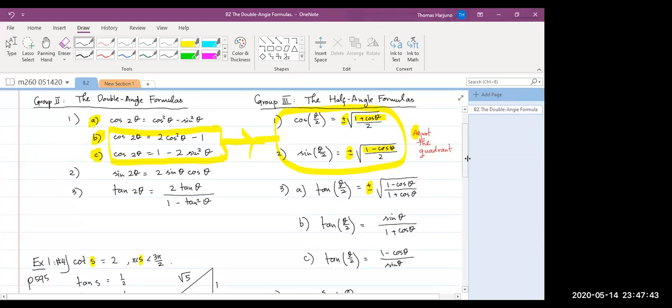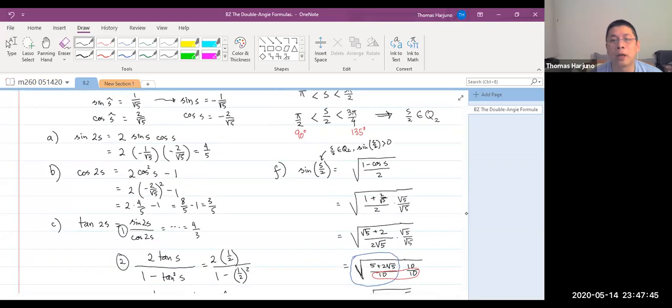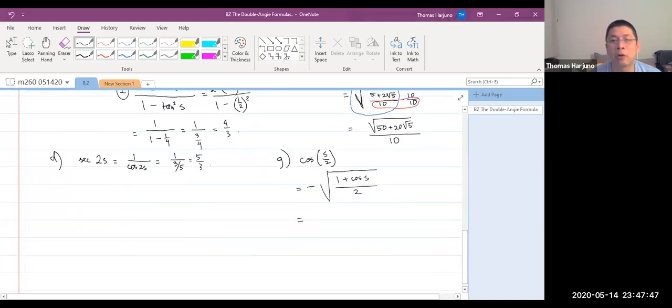Now, just plug in numbers. Cosine S is what again? Negative 2 over radical 5. So this becomes 1 minus 2 over radical 5, over 2. Of course we do not accept complex fractions, so I would like you to multiply by radical 5.